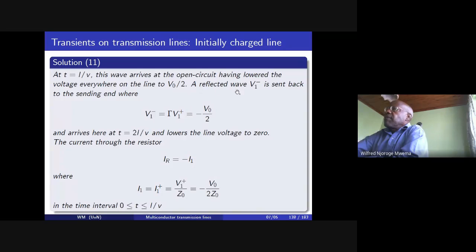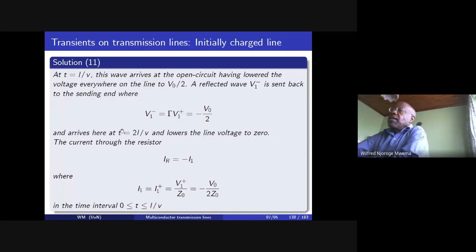The reflected wave V1 minus is then sent back with a reflection coefficient of unity, where V1 minus is given by gamma times V1 plus, because gamma is equal to unity since the terminating load is an open circuit.